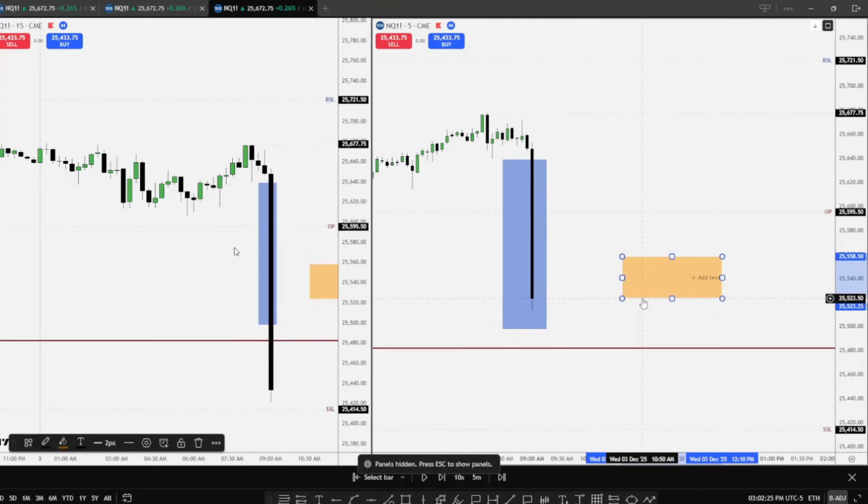So I'm going to show you what to do with these levels as I bar replay. It's going to make more sense why I'm even looking for that, and when order flow is now being invalidated.